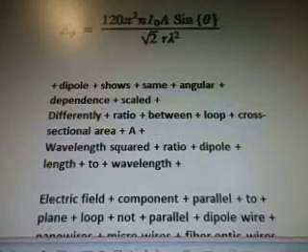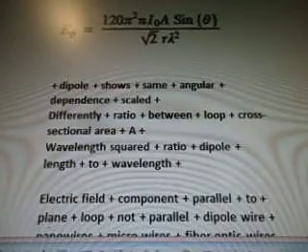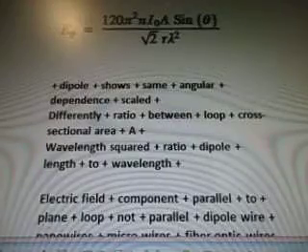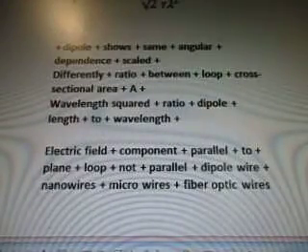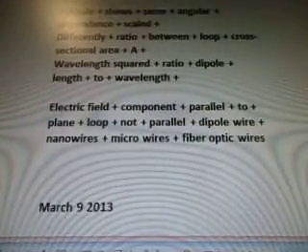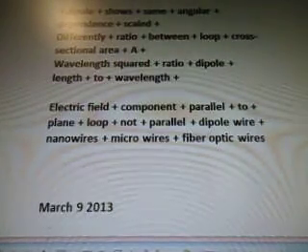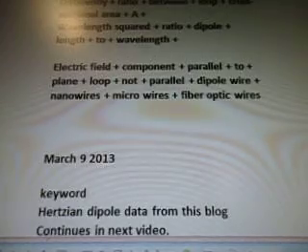Dipole shows same angular dependence, scaled differently, ratio between loop, cross-sectional area A, wavelength squared, ratio dipole length to wavelength. Electric field component parallel to plane loop, not parallel, dipole wire, nanowires, microwires, fiber optic wires.